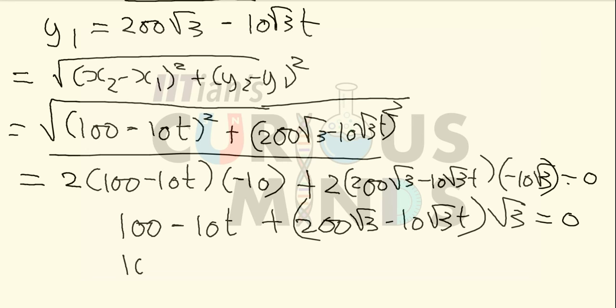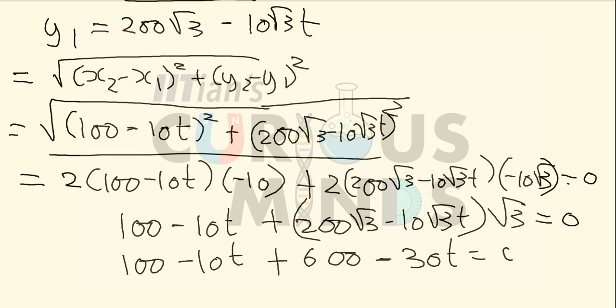When I multiply, 100 minus 10t plus 200 root 3 into root 3, which is 600, minus 30t will be equal to 0.